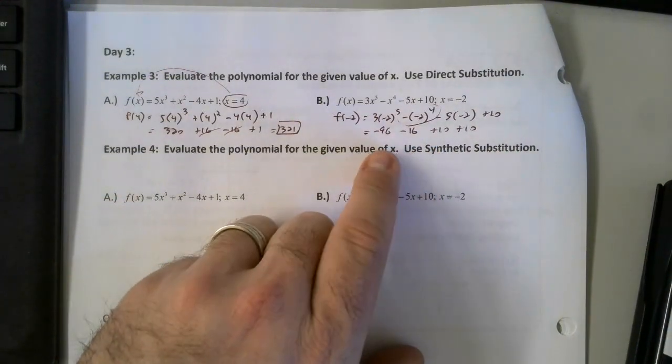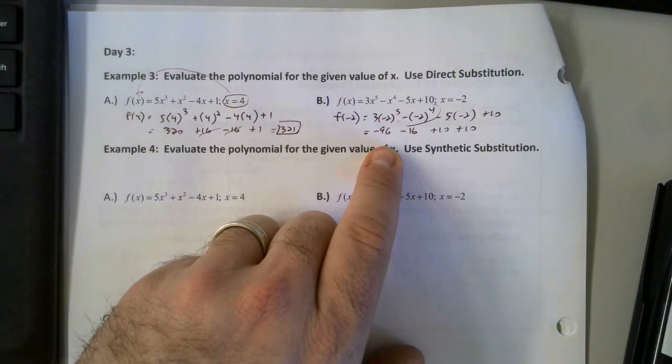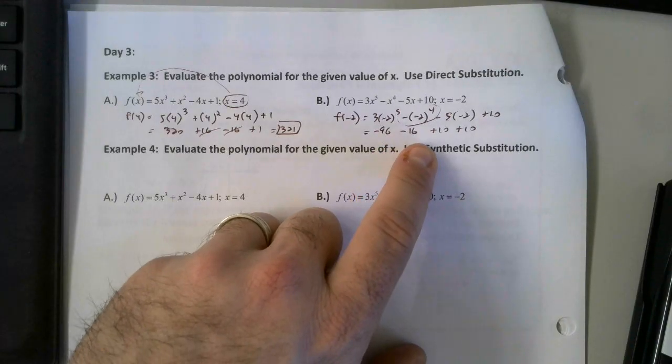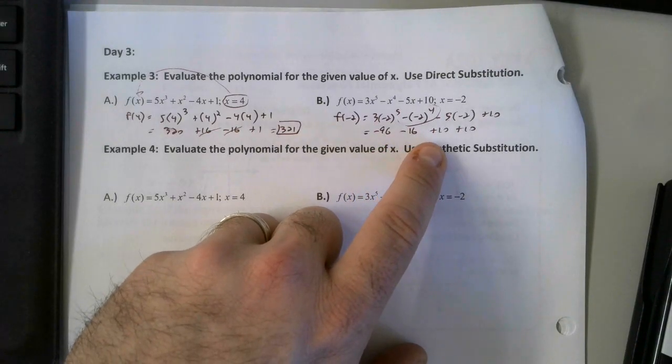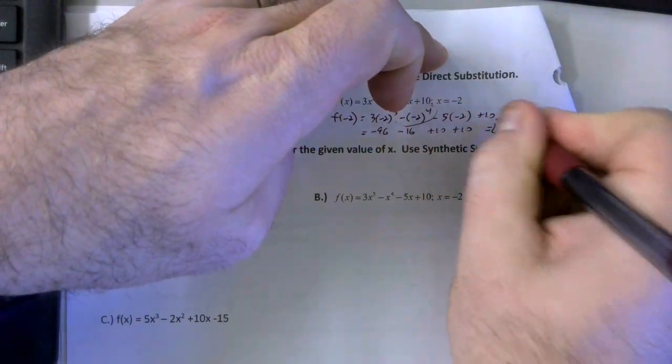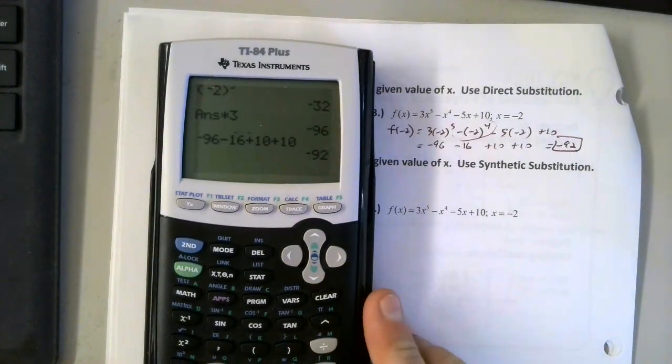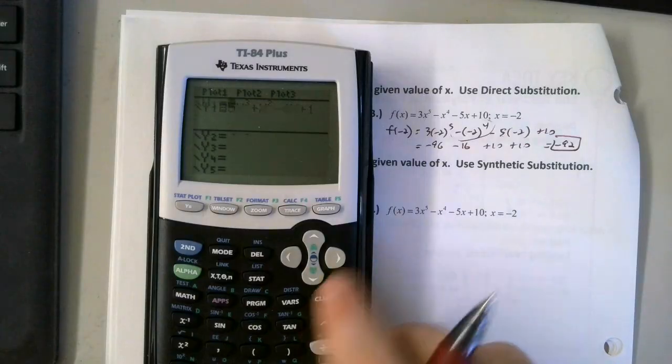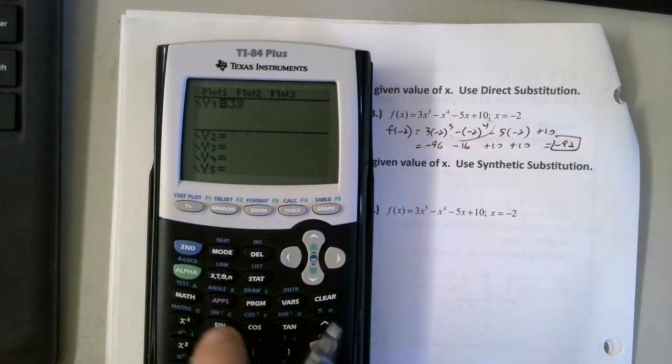So now I can just add across. I got -96 minus 16 plus 10 plus 10. So notice you get -92. So keep in mind you can follow the same strategy. You can type this into your graphing calculator as a function to get the visual behind this polynomial.